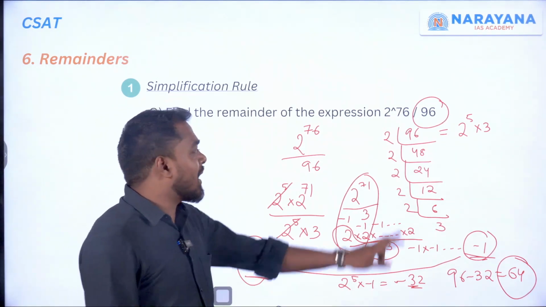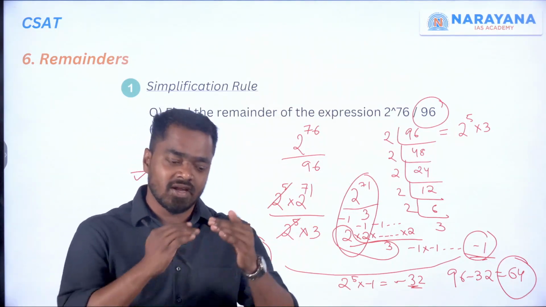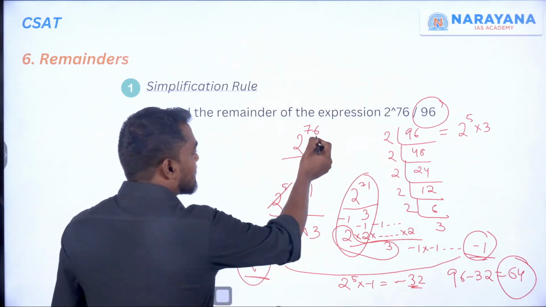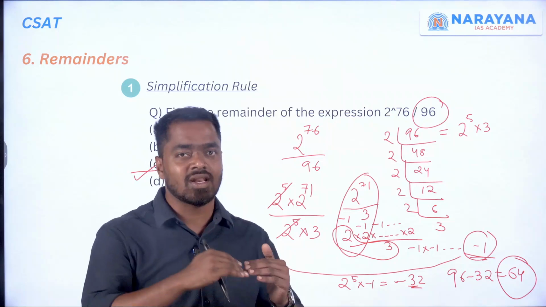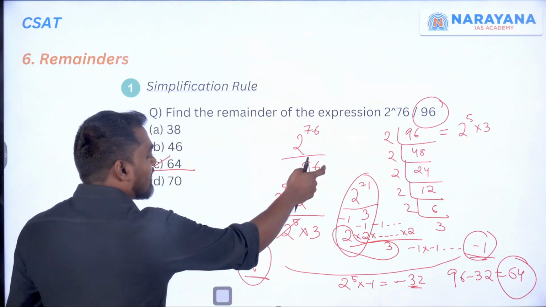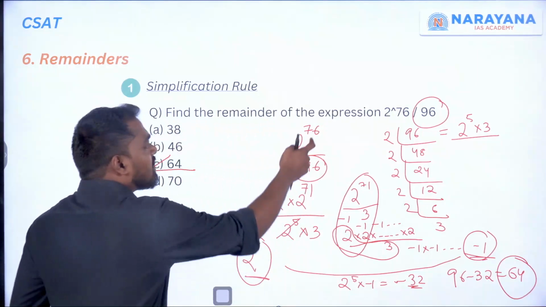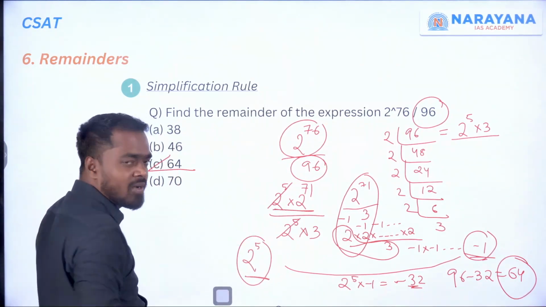So there is nothing to panic after seeing this expression 2 to the power 76 by 96. It also can be solved using the simplification rule. First, try to take out if there is any common factor for the numerator and the denominator. So I have broken down the 96 like this, 2 to the power 5 into 3, and you can write 2 to the power 76 in terms of 2 to the power 71 into 2 to the power 5.